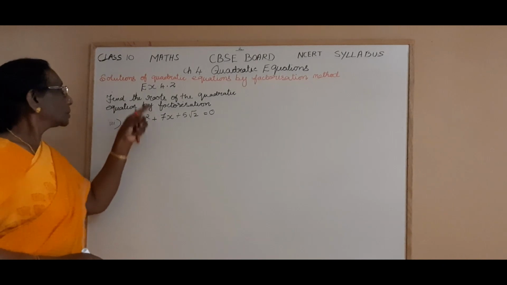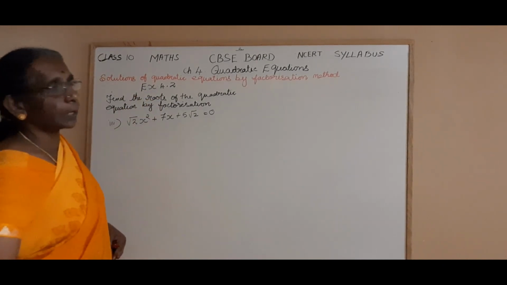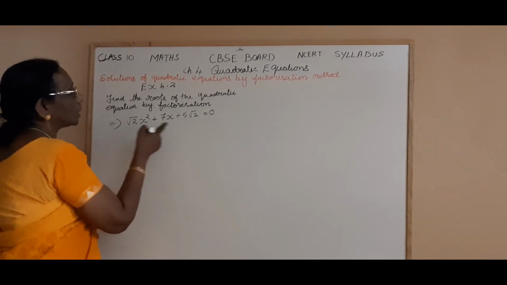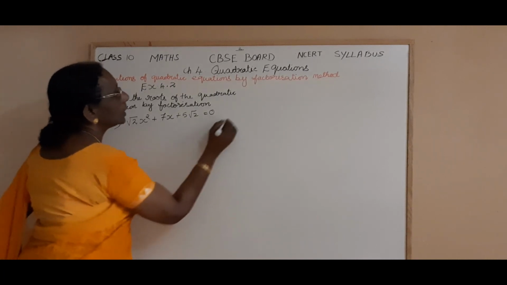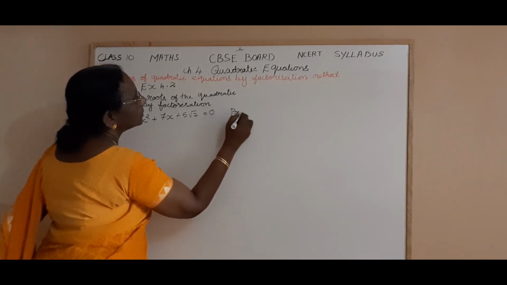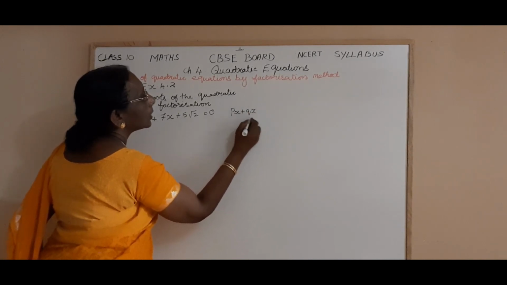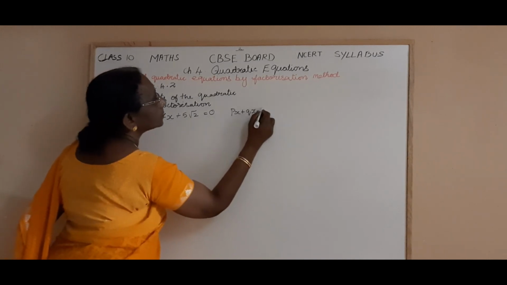We'll do sums in exercise 4.2. Sum number 1 and sum number 2 you can do by yourself. Okay. Now sum number 3 we will do. And here again, what is the middle term? Px plus Qx is equal to what? Plus 7x.